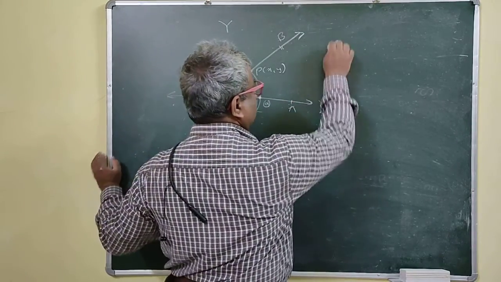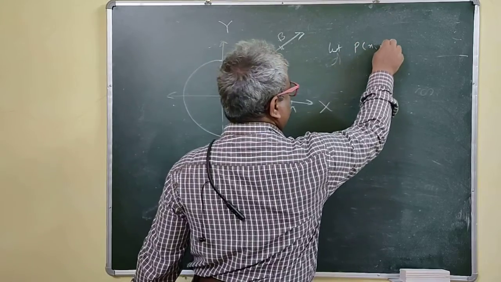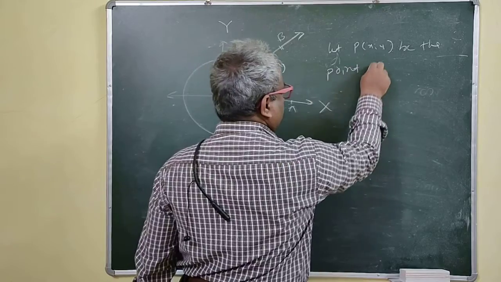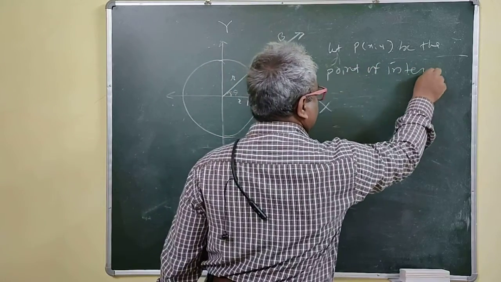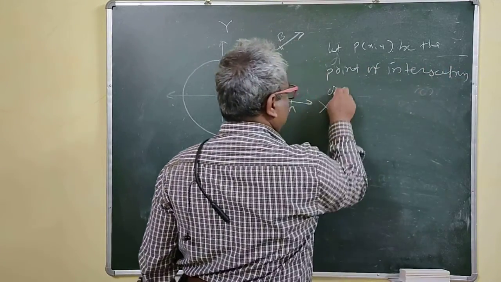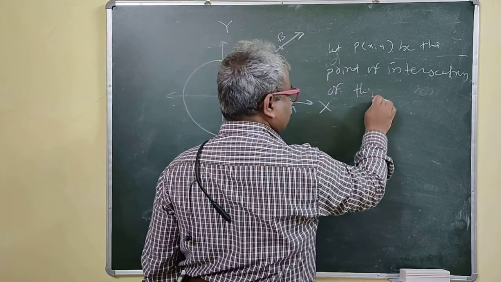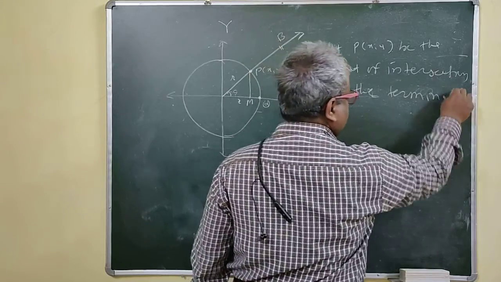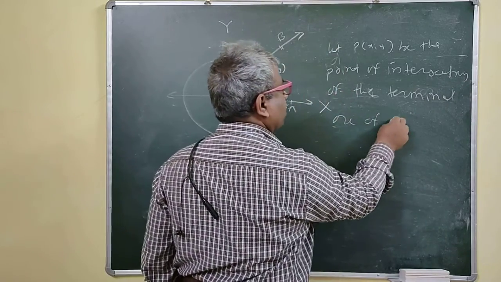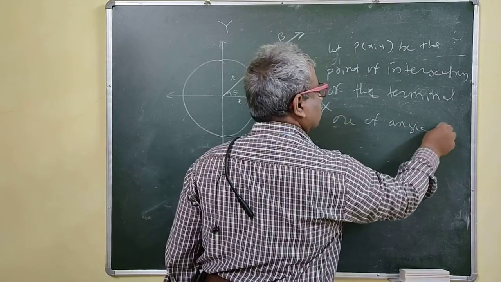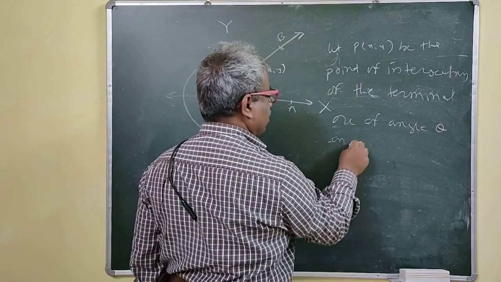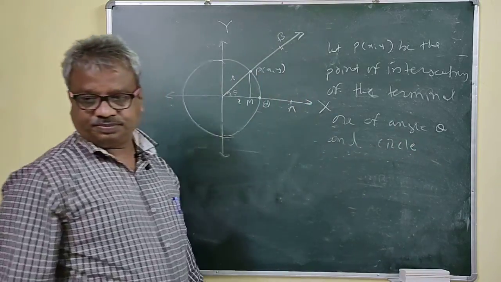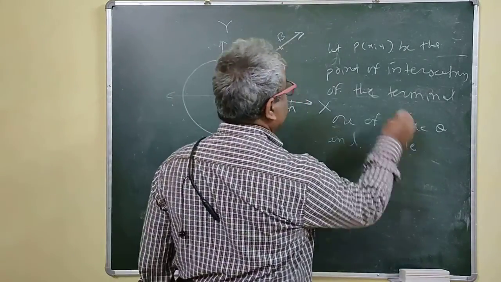Let P(x, y) be the point of intersection of the terminal arm of angle theta and the circle. Let R be the radius of the circle.